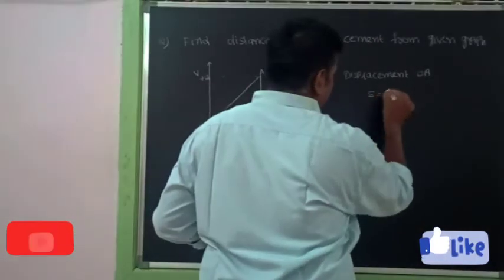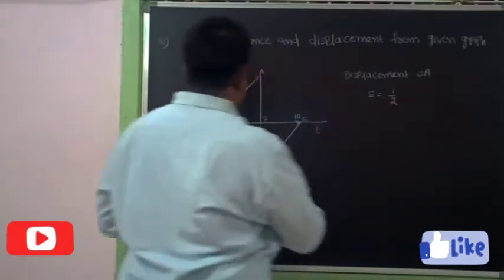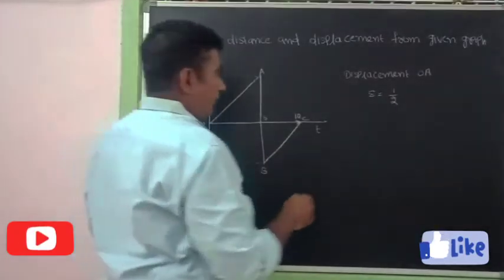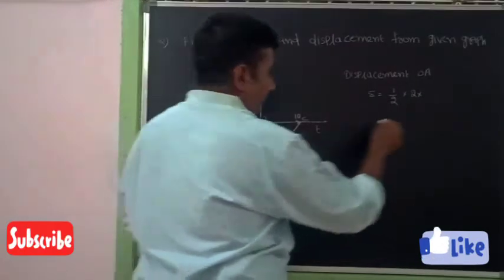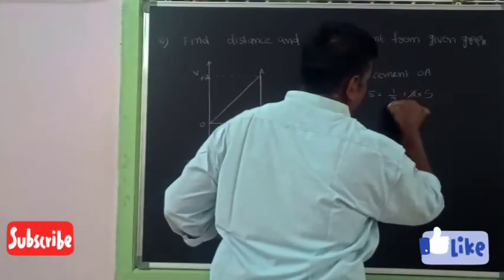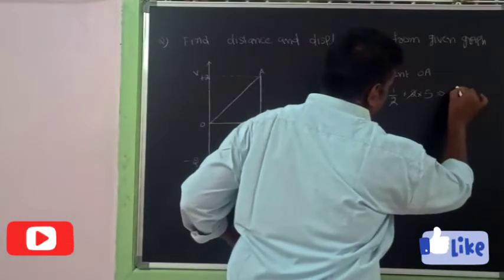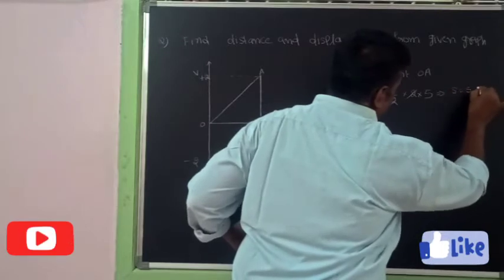So S is equal to half into, since this is a triangle, 2 into 5, so S is equal to 5 meters.